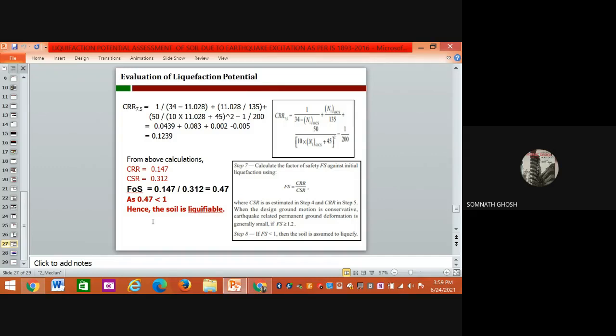So think about a particular layer which is liquefiable, and during an earthquake, what will happen? It will not be like water, but it will be a liquid. It's just a liquid. So you won't get any skin friction from that particular layer while calculating the pile capacity. So you have to remember these things.